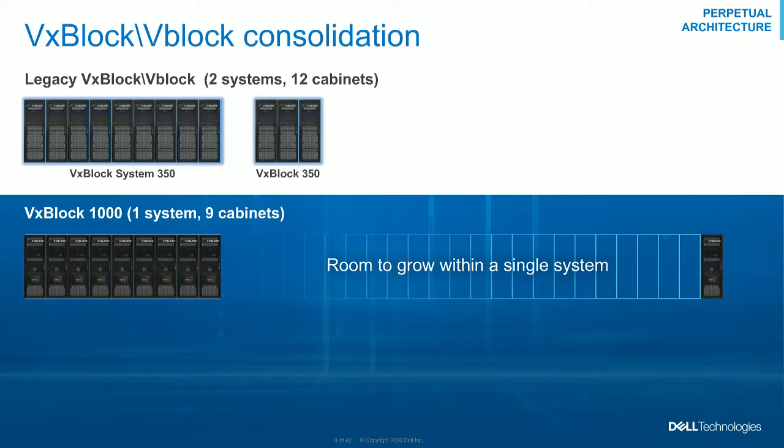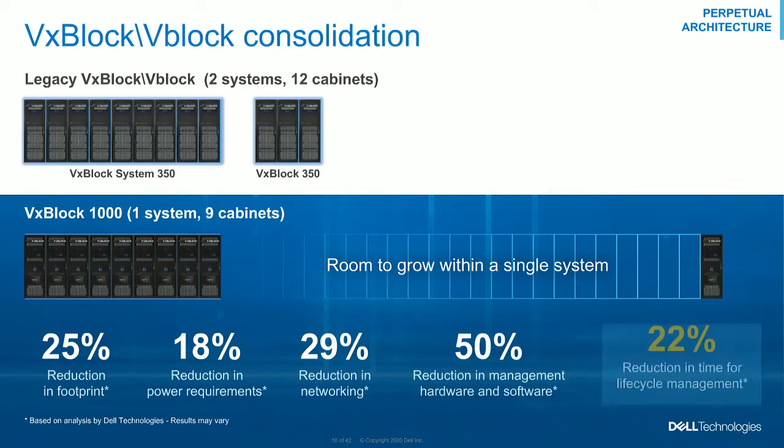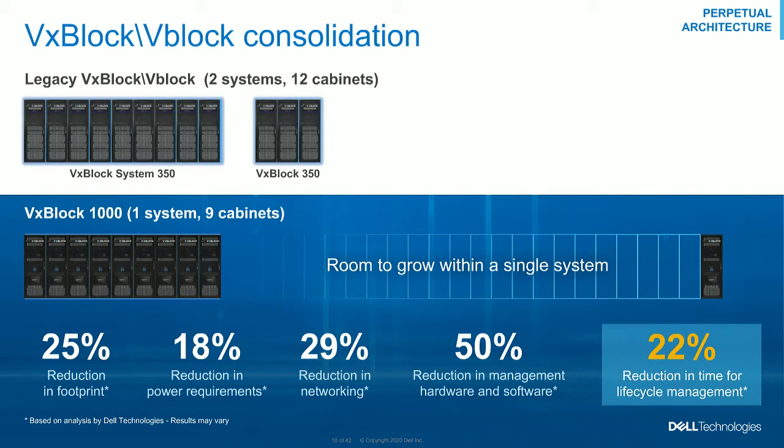And as you can see, we were able to take 2 systems and 12 cabinets and condense it down to 1 system and 9 cabinets, but now you have greater scale of expansion capabilities. Again, it is a 25% reduction in footprint, but more importantly, the soft dollar savings in terms of reduction in power requirements, reduction in networking, and a reduction in management hardware and software.